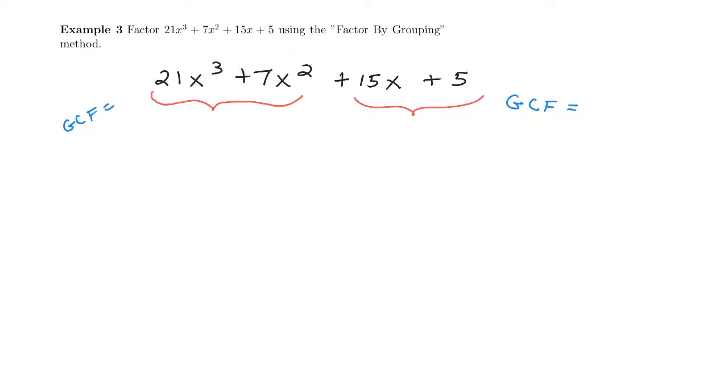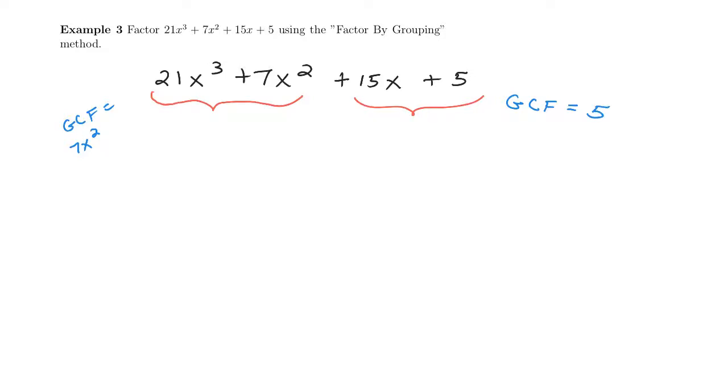So if we start with 21x cubed, the greatest common factor is going to be 7x squared. That can be removed from both 21x cubed and 7x squared. Whereas the greatest common factor on 15x plus 5 is actually this 5. You can't even take out a variable.